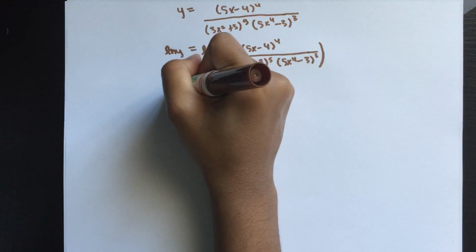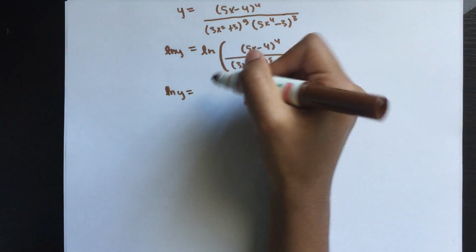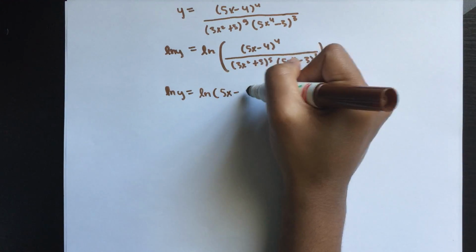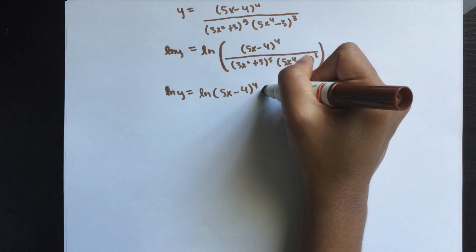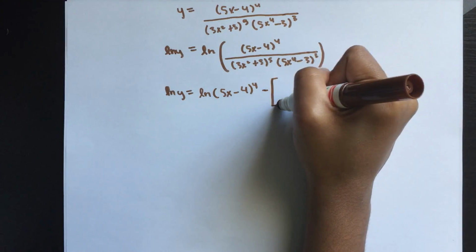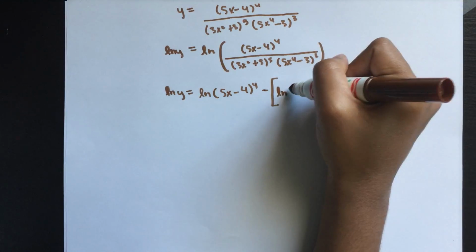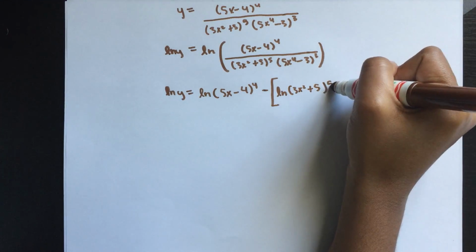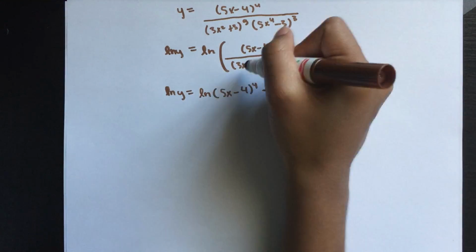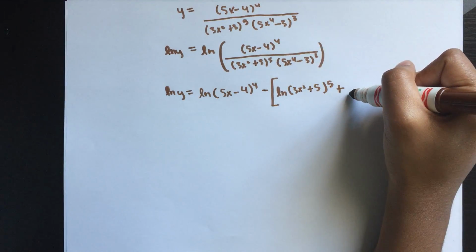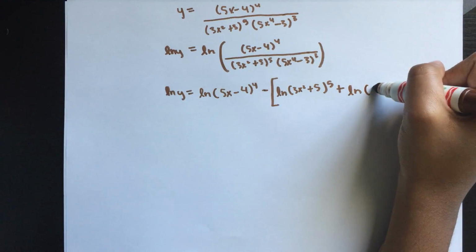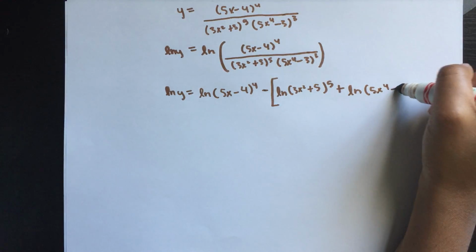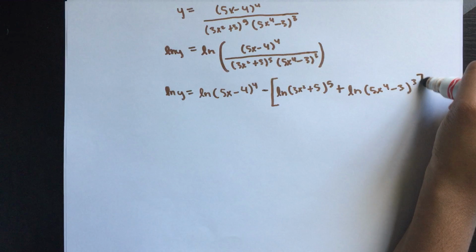So the natural log of y is going to equal the natural log of (5x minus 4) to the fourth minus, and I'm going to put brackets and I'll explain why in a second, the natural log of (3x squared plus 5) to the fifth plus, because we're doing product rule for the denominator, the natural log of (5x to the fourth minus 3) to the third.